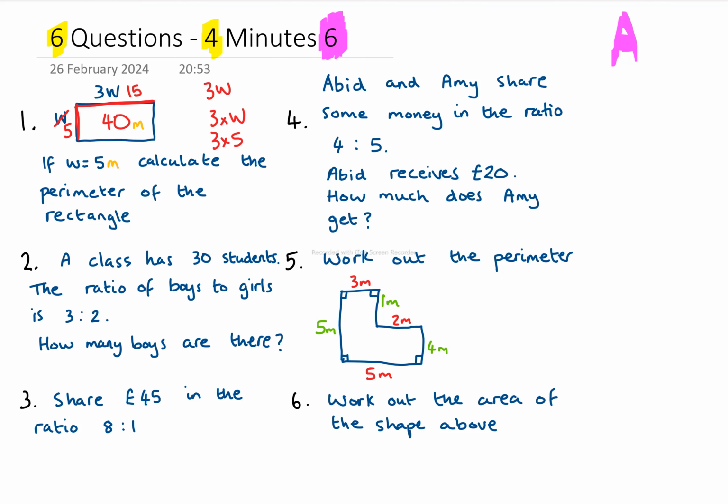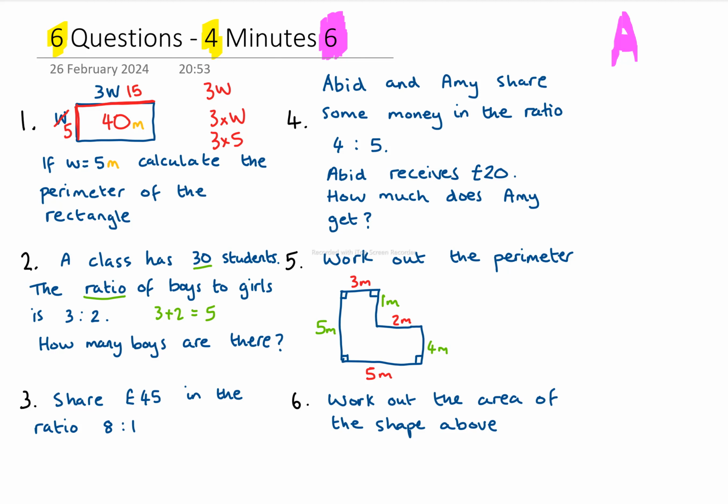A class has 30 students. The ratio of boys to girls is 3 to 2. Now, I add 3 and 2. So this is the easiest ratio question you're gonna get, this type, yeah? So you add 3 and 2, you get 5.